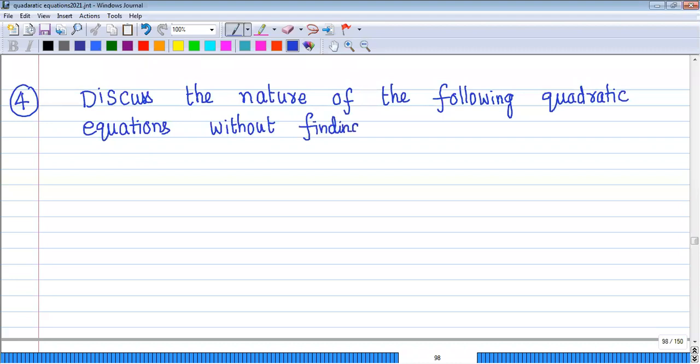Here restriction is there. So you should not find the roots of the given quadratic equation, but you need to discuss and interpret about the nature of the roots.